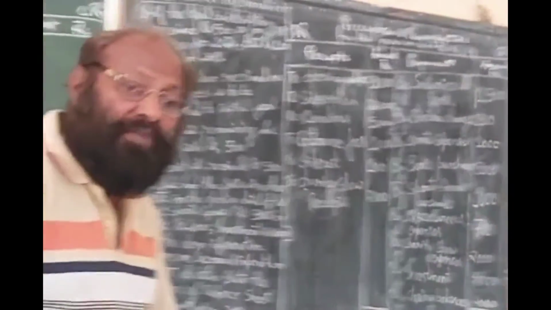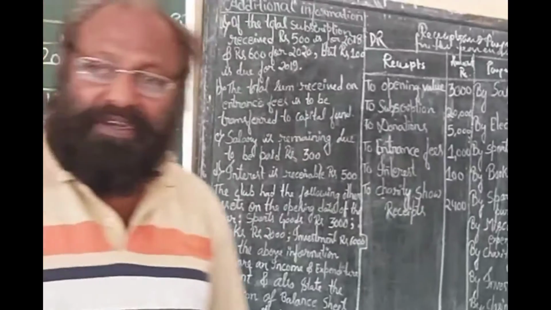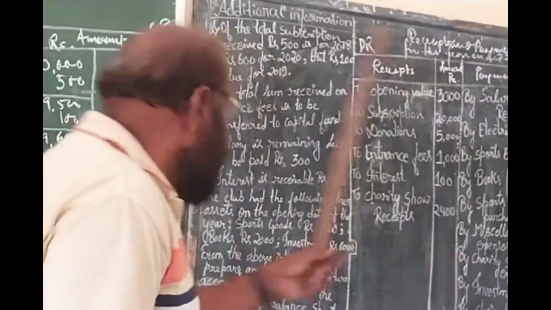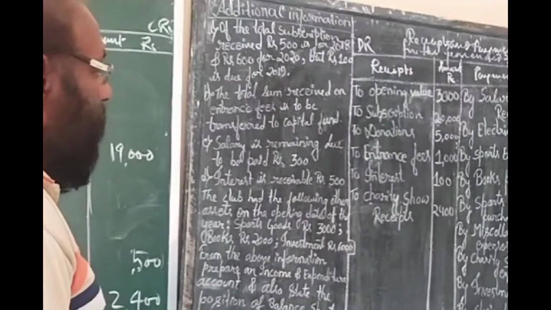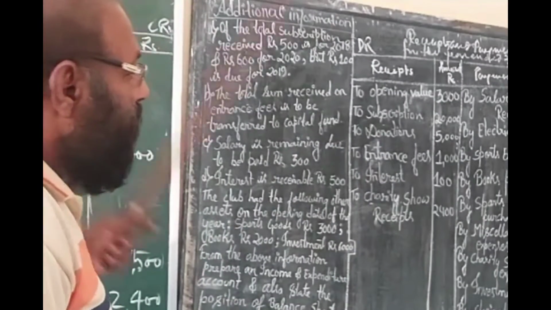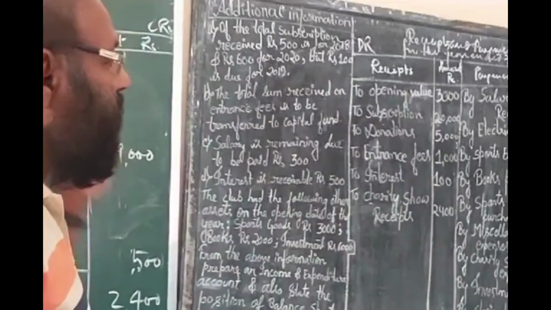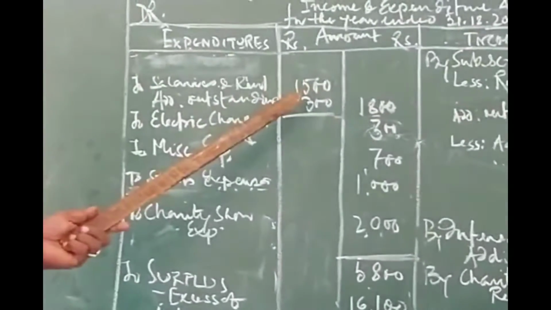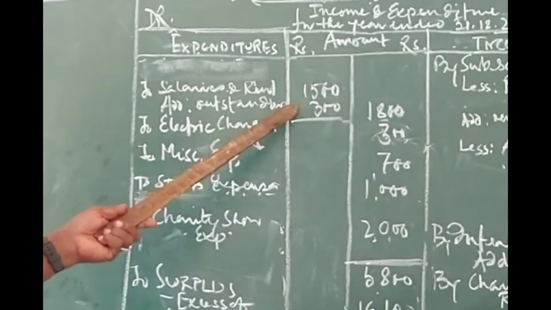I know what is the difference between payments and income. I am not repeating, and I am taking up the payments over here, and the expenses over here. Now you see salaries 1,500. So it has been salaries 1,500, and it is on the expense side, 1,500.